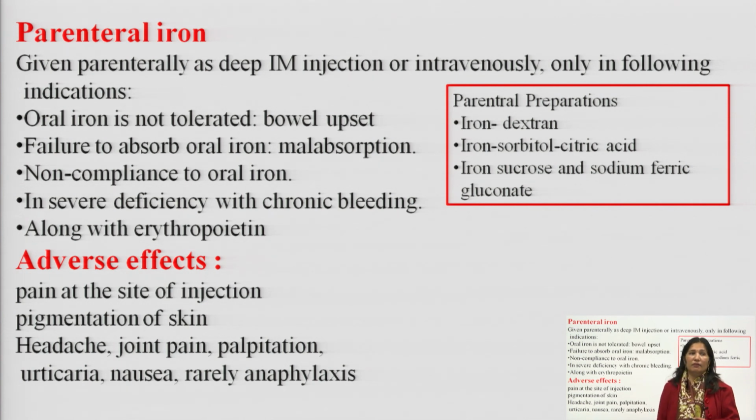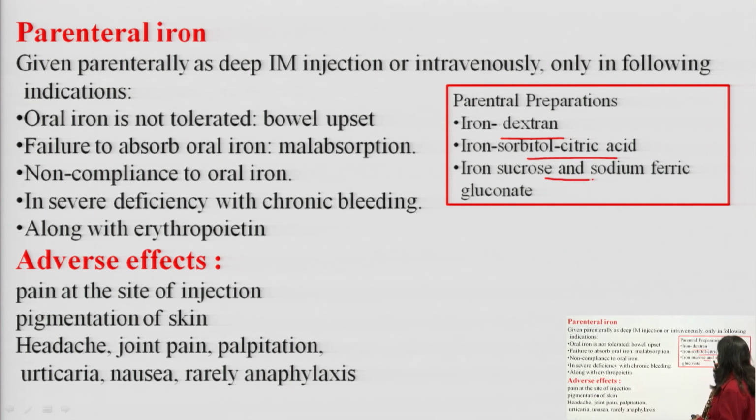Whenever there is a severe deficiency, we can give iron parenterally, also along with erythropoietin. Parenteral preparations are iron dextran, iron sorbitol and citric acid, iron sucrose and sodium ferric gluconate.